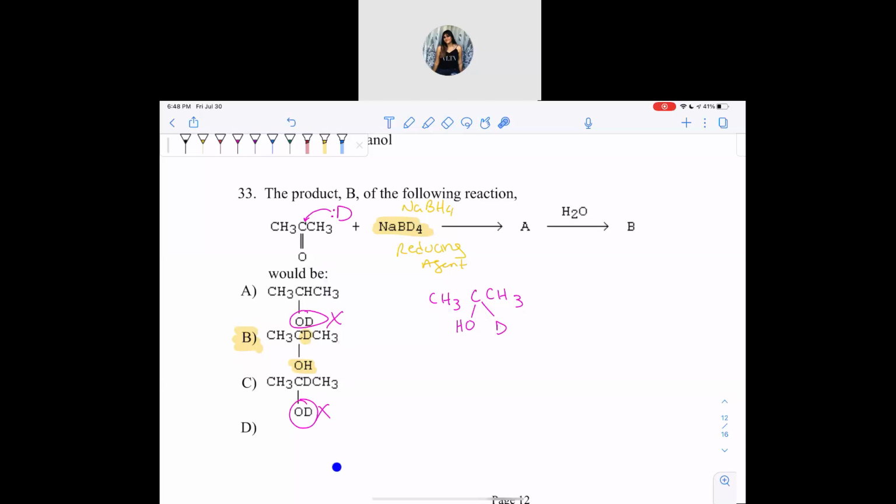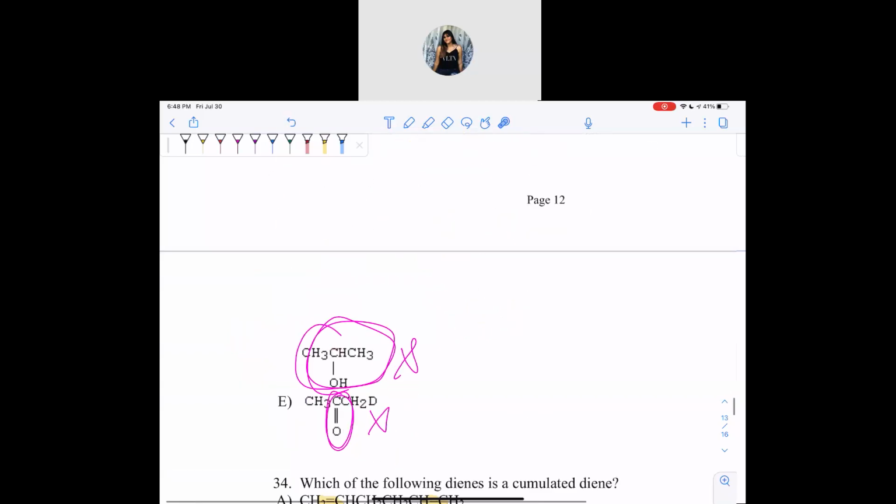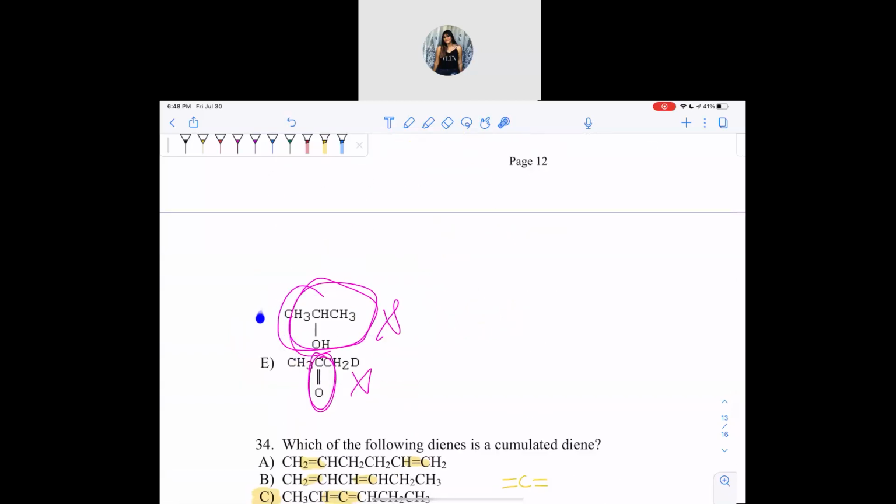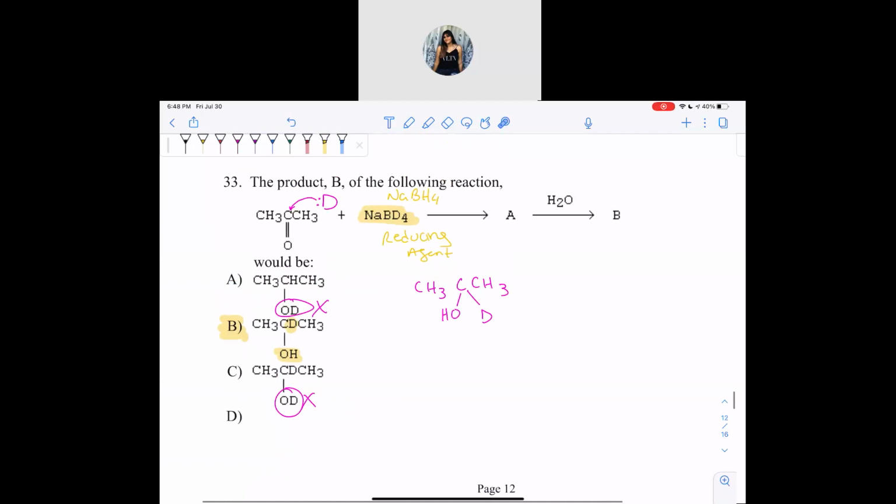When we look at the answer choices, we're looking for one that has an OH and a D. This one has an OD, it has to be wrong. This one has an OD, it has to be wrong. This one doesn't have a deuterium anywhere, that has to be wrong. And this one has a double bond still, so there was no reduction. So the only one that could have worked was B. That was still kind of fast, so I can definitely repeat it if you want me to. Okay, cool.